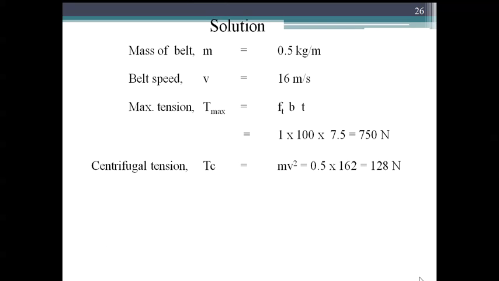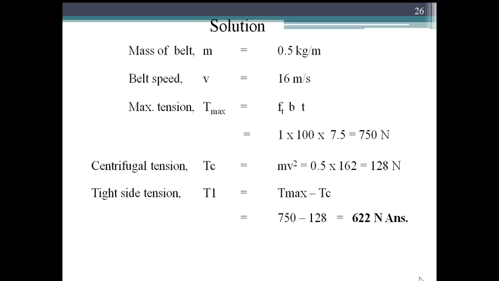Now here Tc equal to mv square, 0.5 into 16 square, that is 128 newtons. Tension on tight side T1 equal to T max minus Tc.